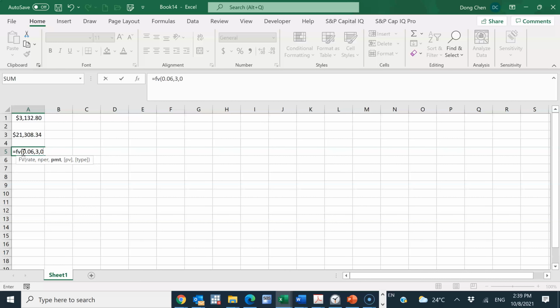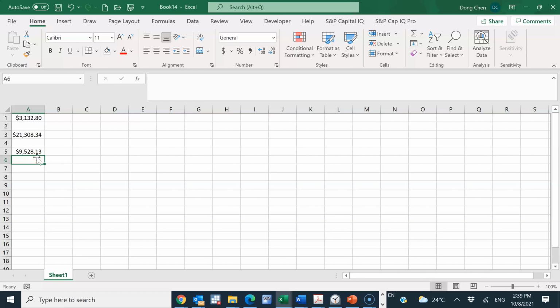And then the present value is $8,000, right? But because I want to have a positive future value, I add a negative sign in front of this present value, and then close my function. So this is the future value of that $8,000 compounded for 3 years.